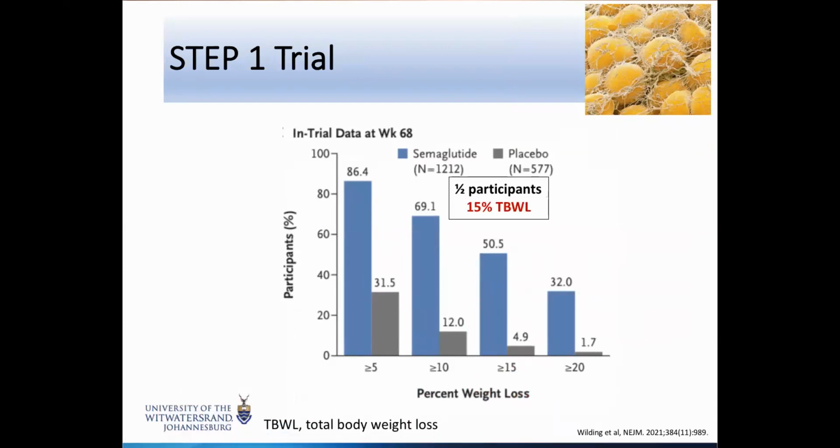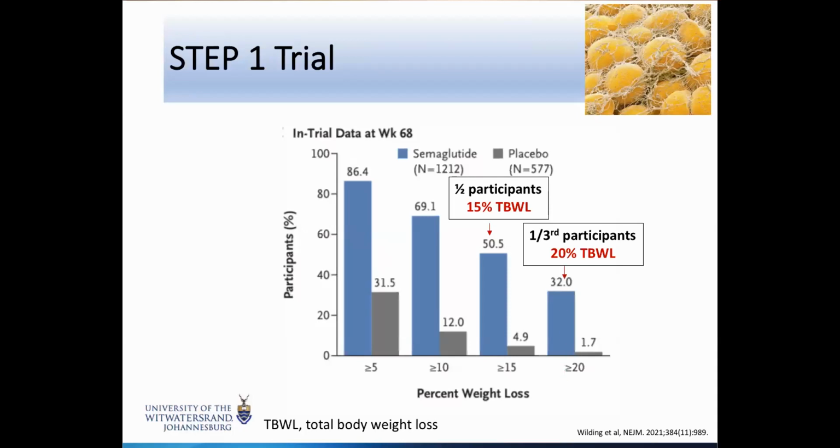Half of the participants had at least a 15% total body weight loss, and a third of participants achieved 20% weight loss. So this was a quite amazing result that we have not seen before with the other anti-obesity medications. And this is something that we are now seeing that can possibly rival the efficacy of bariatric surgery.